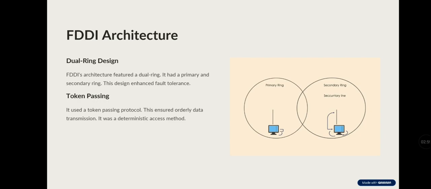Token passing. It uses a token passing protocol for media access. A token, which is a small control frame, circulates around the ring. A device must capture the token to transmit data, ensuring orderly and collision-free communication.